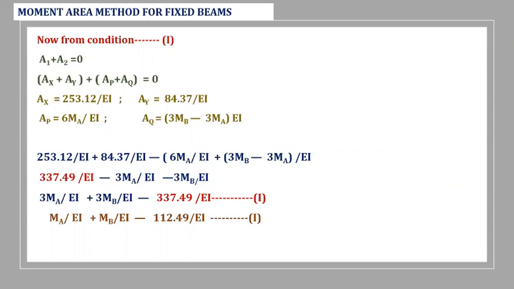Plus 3 MA plus 3 MB minus 337.49. Now divide the equation by 3. MA plus MB minus 112.49. So this is equation 1.